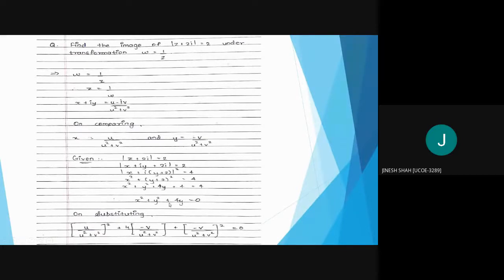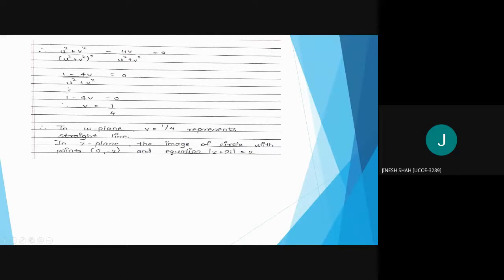On substituting the value of x and y in the equation, we get (u/(u²+v²))² + 4·(−v/(u²+v²)) + (−v/(u²+v²))² = 0. So therefore (u²+v²)/(u²+v²)² − 4v/(u²+v²) = 0.